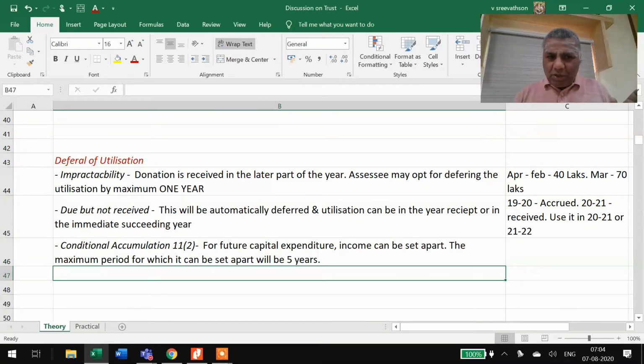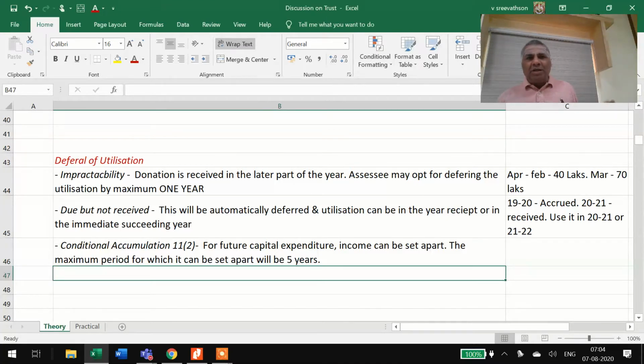So conditional accumulation. Deferral of utilization is classified; you can have 3 cases of deferral. Impracticable to apply: defer the utilization.